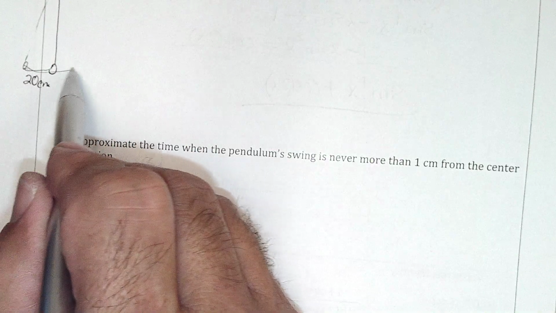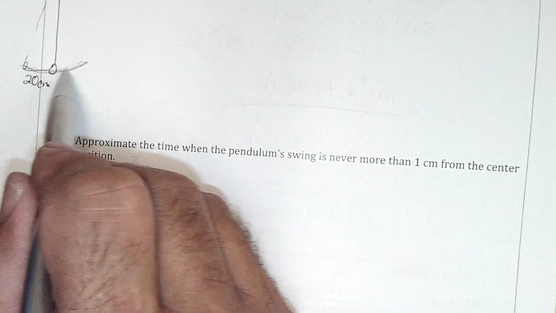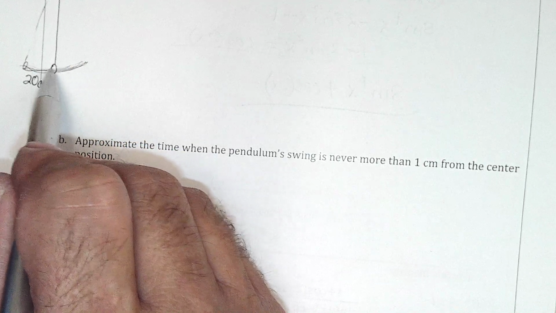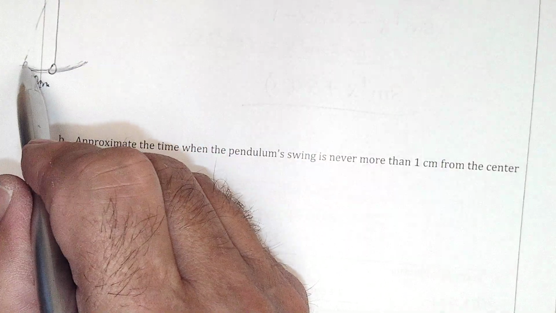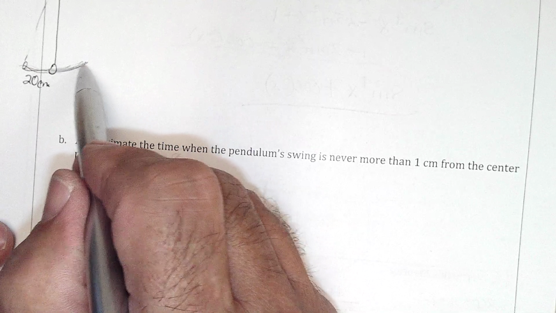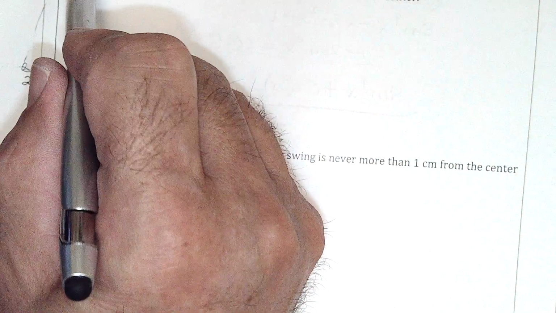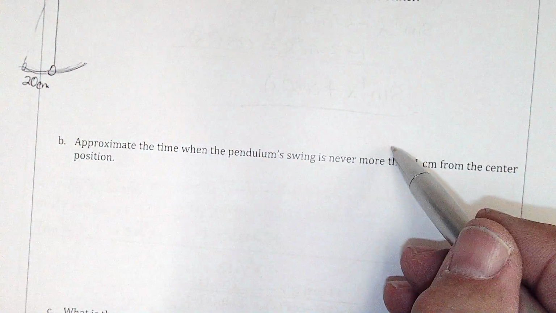So it's going to go over to here, then over to here, back and forth, and slowly slow down. And if this is long enough, it can take as long as 5 seconds, 1001, 1002, 1003, 1004, 1005, to make a complete swing right and back.